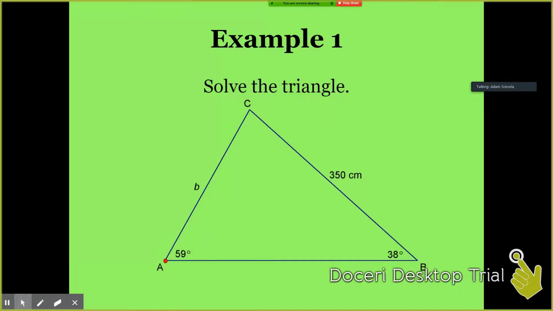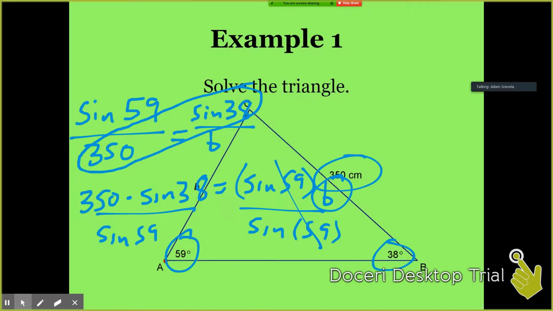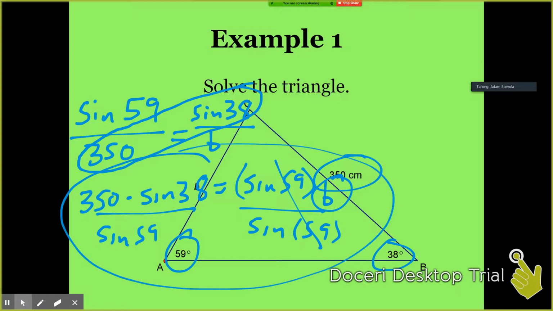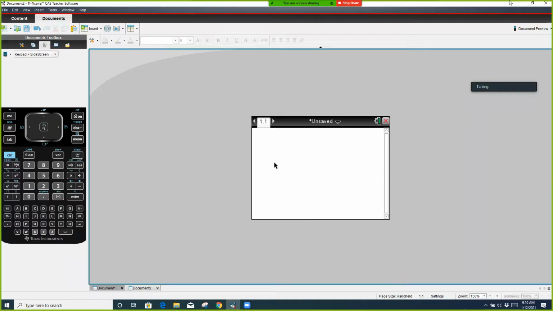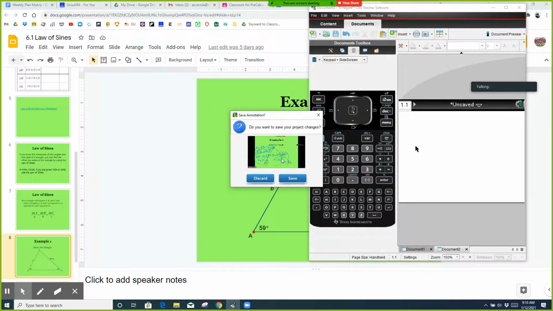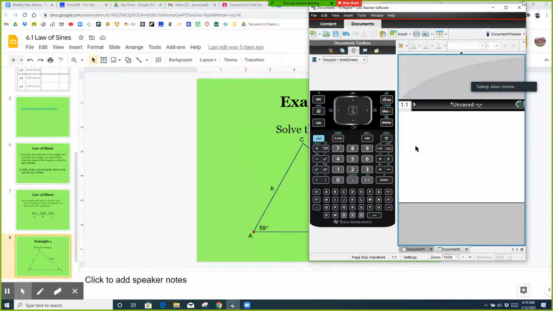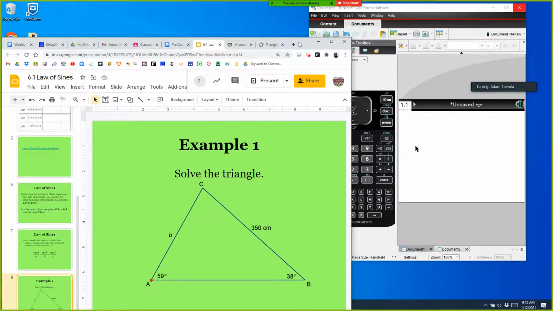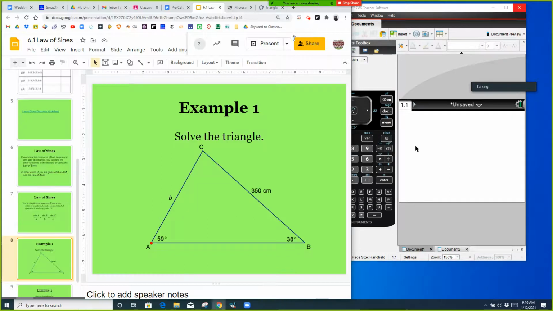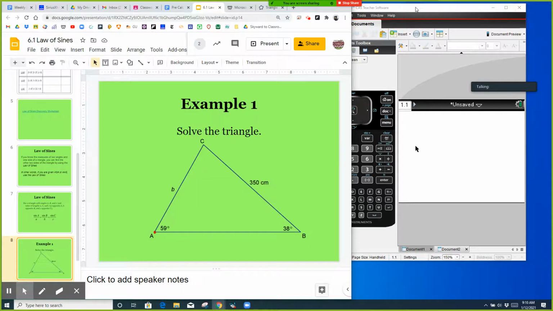So now I'm going to go back to the work that we did and type it in the calculator. Now, unfortunately, I can't keep both things on my screen at the same time, so we're just going to have to remember what it was. There we go.